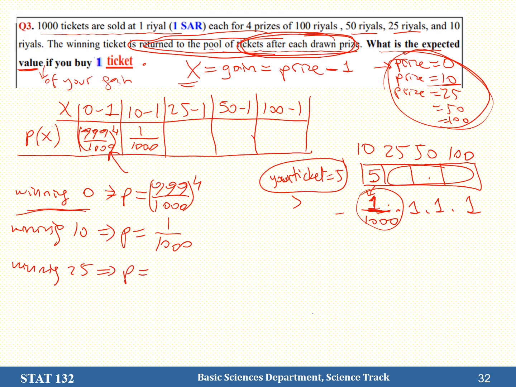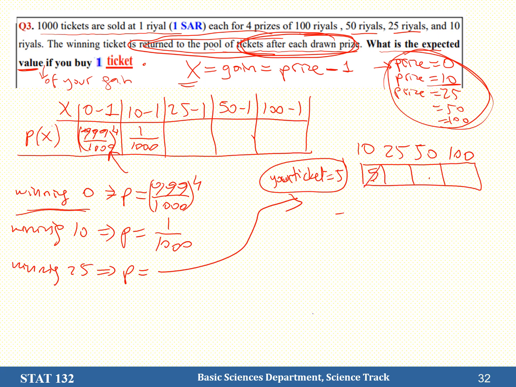Now again, let's look at here. We are checking winning 25. Winning 25 means you didn't win 10 with 5.